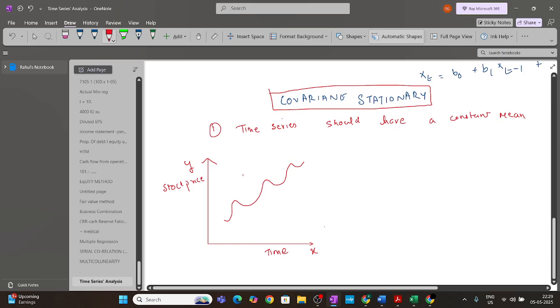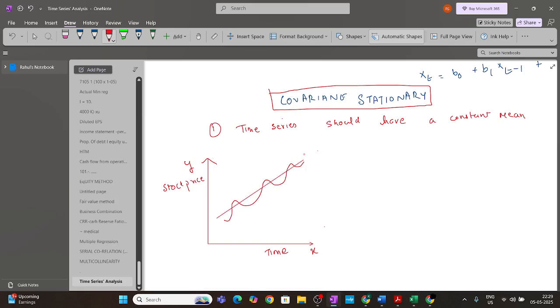Guys, इस टाइम सीरीज का मीन कांस्टेंट है? No sir, the mean is increasing with time. It is trending. So this is not a stationary time series because the mean is increasing with time.